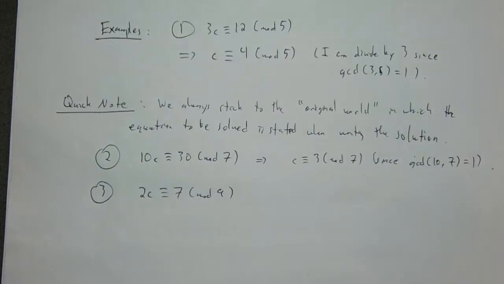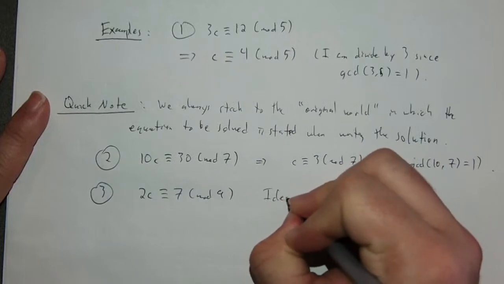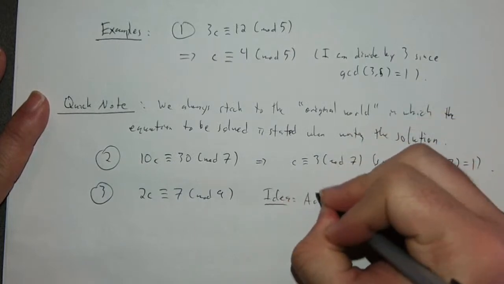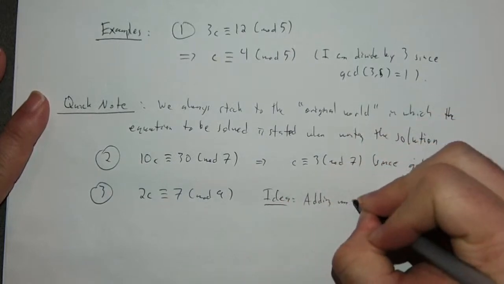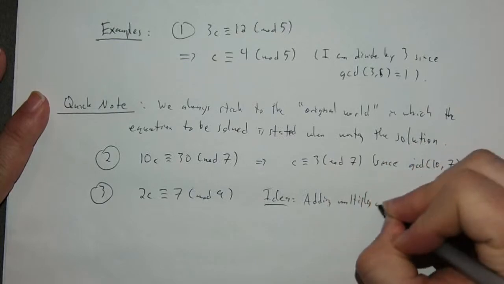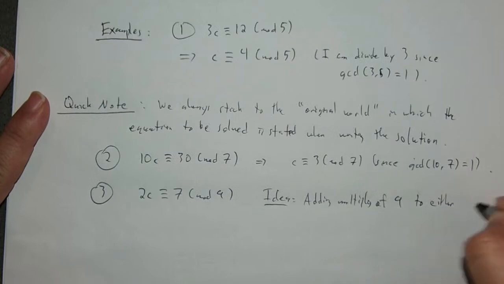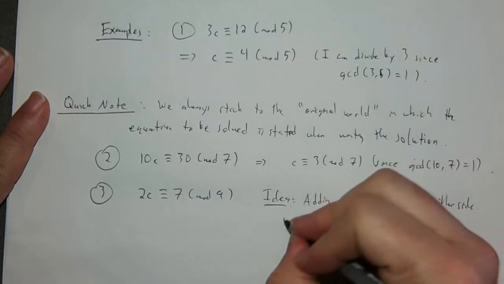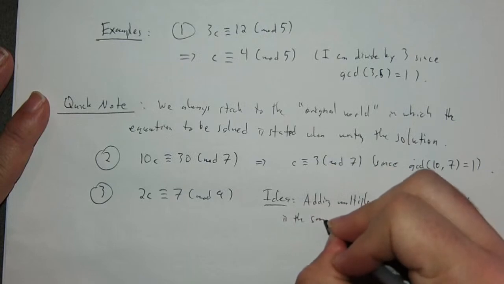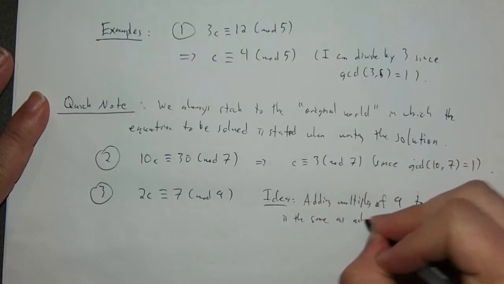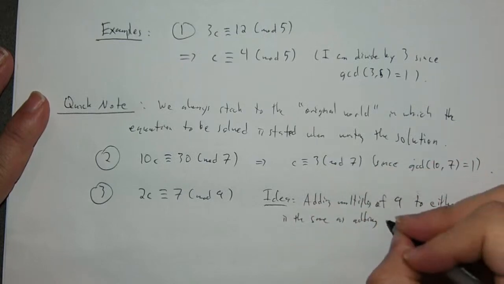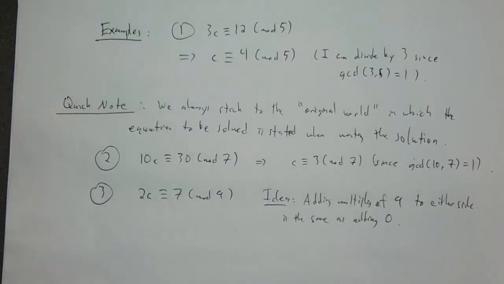So then what's the idea here? The idea is that adding multiples of 9 to either side is the same as adding 0, right?